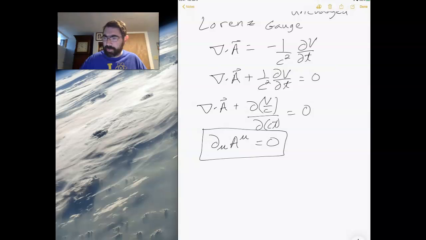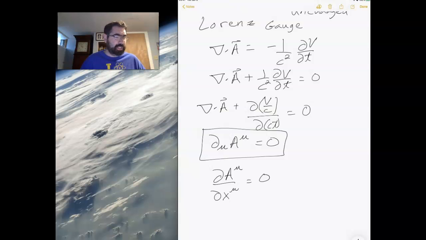Or if you want to write it the other way, like so. So this is the Lorentz gauge in tensor notation, which is pretty compact.